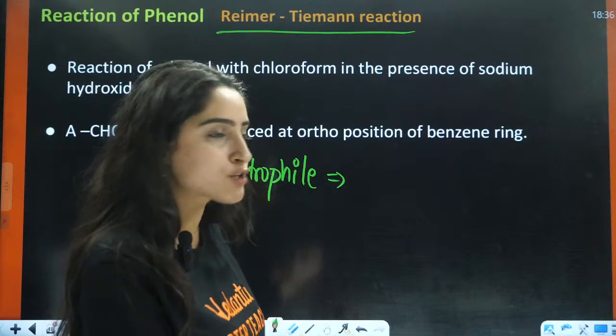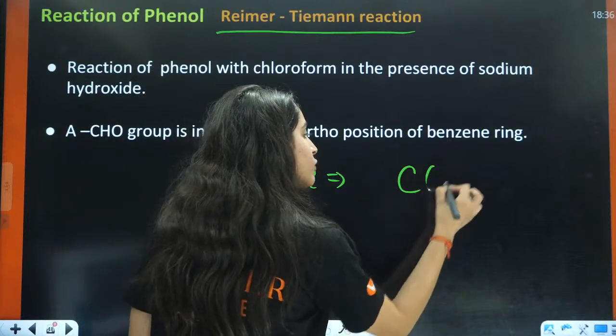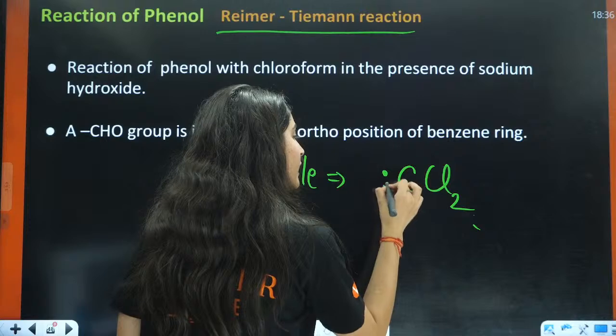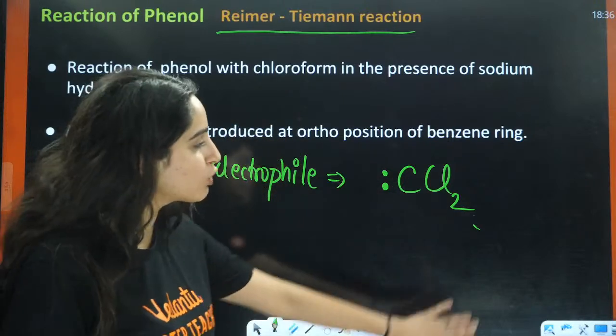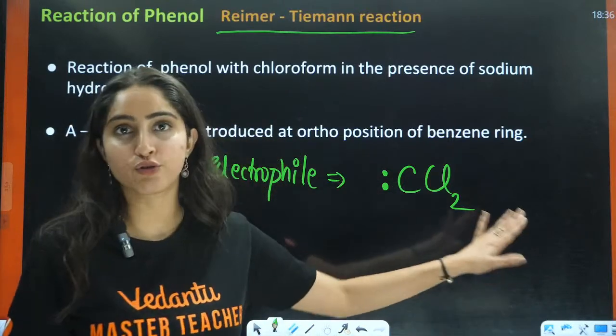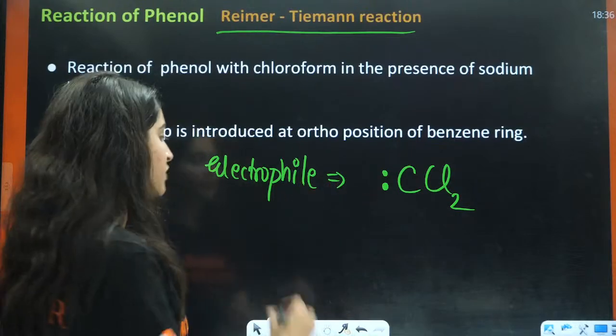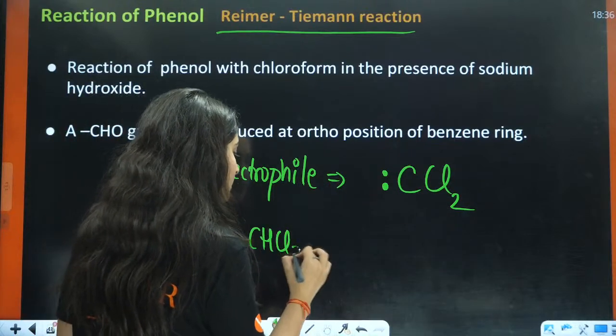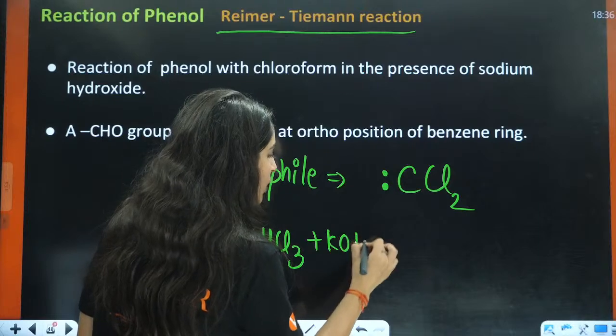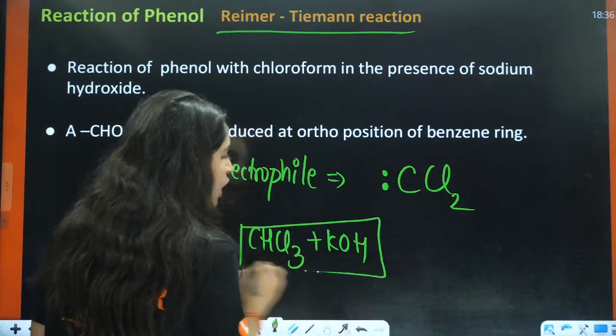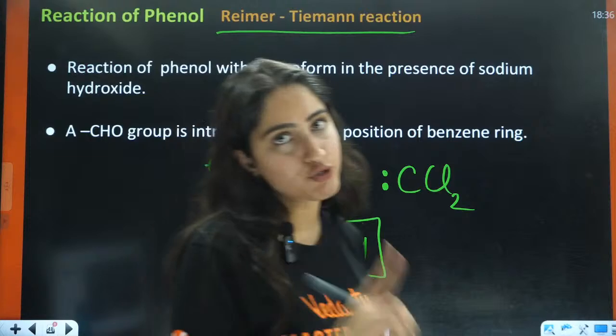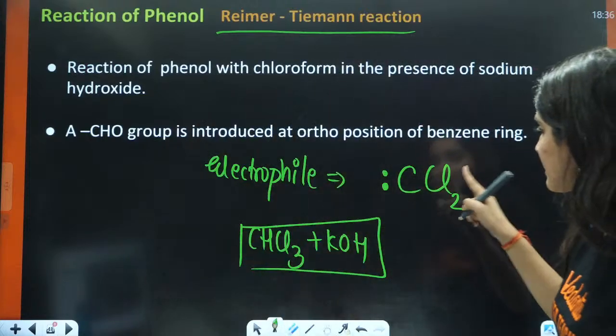It is a different electrophile called carbene, and here dichlorocarbene is going to be your electrophile, and this will be generated by CHCl3 and KOH.